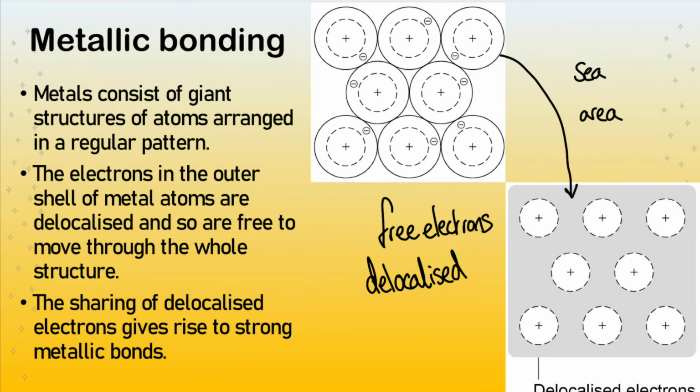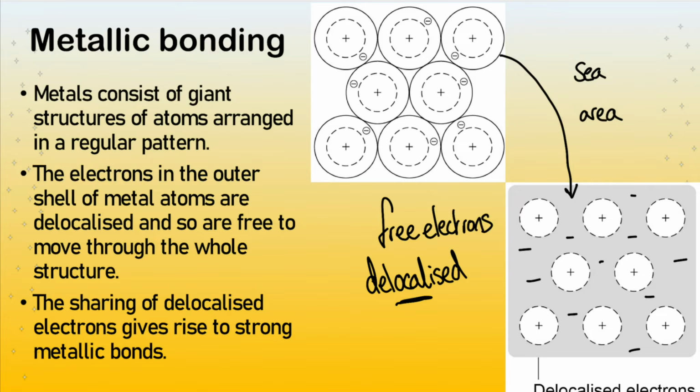Delocalized meaning they're no longer local to an area, they're in this shared space in between other metal ions. And what this means is that the atoms, or the nucleus part, becomes positive because they've given away electrons. And what we then have is the sea of negativity. The area where the electrons are moving freely, they're delocalized, that whole area ends up being negative.